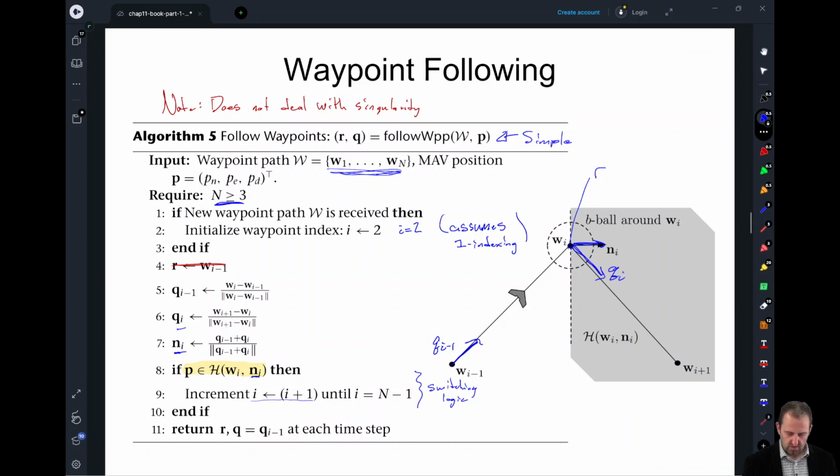So then we'll start working with the next waypoint to follow that waypoint until we reach the end. Okay, and at each time step, we're going to return r and qi minus 1. Now we can check this and publish the path to be followed as wi minus 1 to wi.